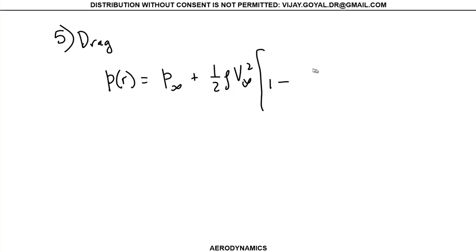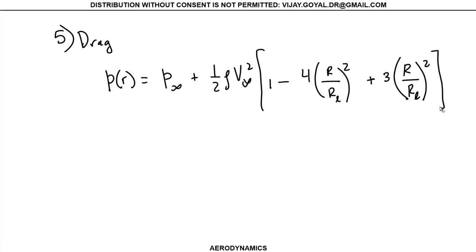One minus 4 times (R over RL) squared plus 3 times (R over RL) squared. Okay, we derived that in class.